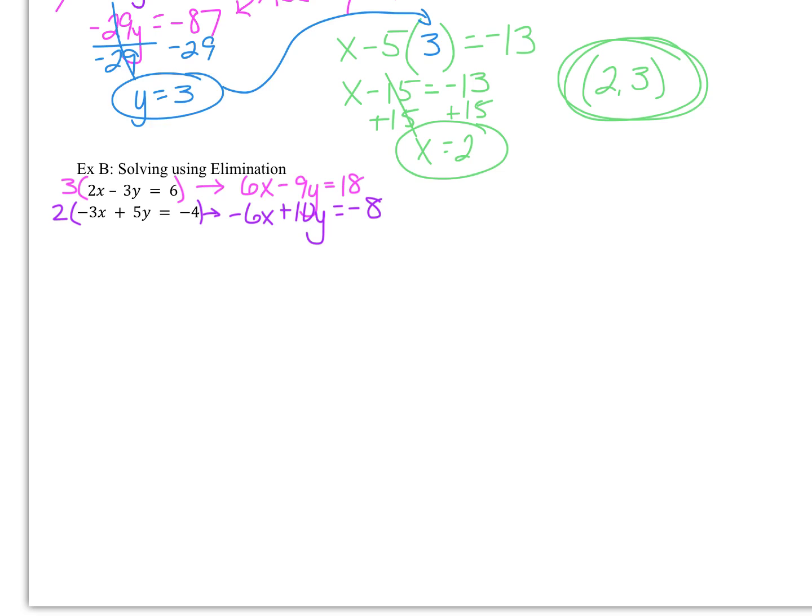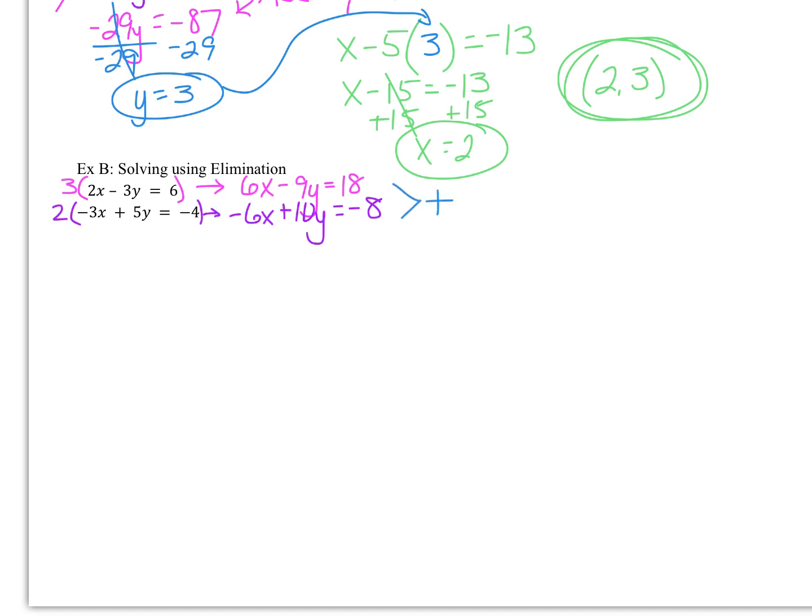All right. So once I've done that step, I look at my equations, I make sure everything's been multiplied, right? Everything has changed. I have a positive 6x versus a negative 6x. They have to be opposites of each other for this to work. Okay, so now I can do my regular stuff. I can add those two equations together.